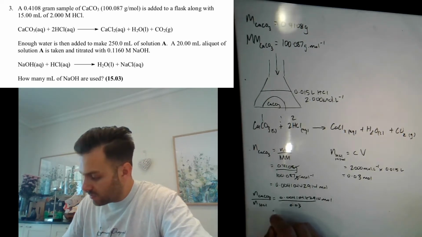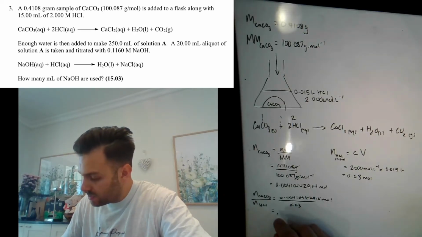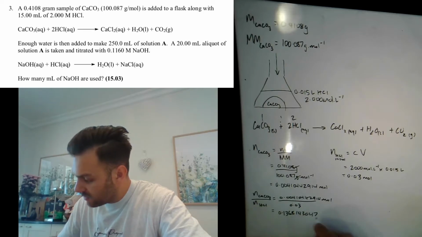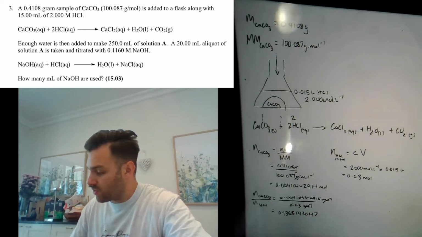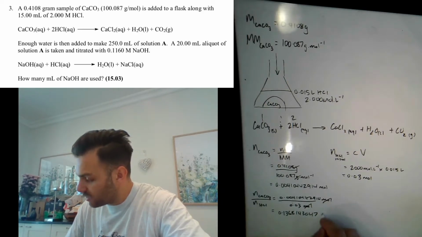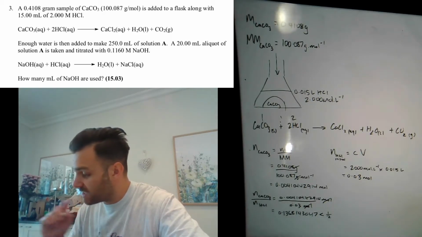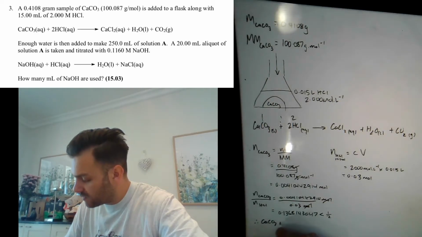Okay, and we end up with 0.1368143047, so this is our ratio. Now what that ratio should read is a half, but this is smaller than a half, which means that calcium carbonate is limiting, as you would expect.